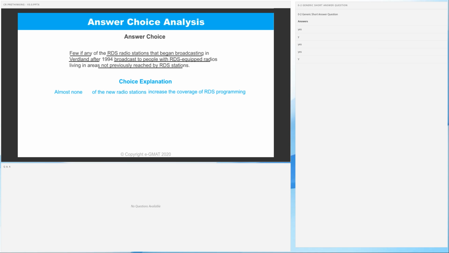Now, this is a beautiful question, both from the standpoint of visualization and of the argument, and from the standpoint of translating the answer choices into appropriate context. And this is where I said the learnings from this are equivalent to the learnings you'd get from 3 questions, which is what makes it challenging and makes it fun.